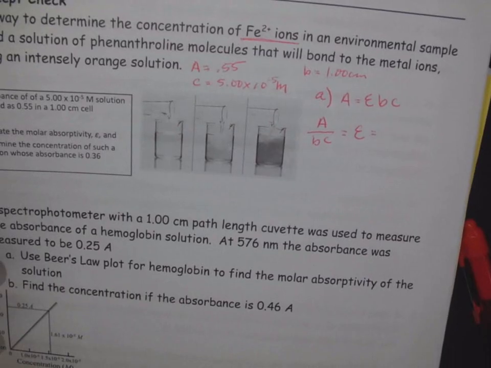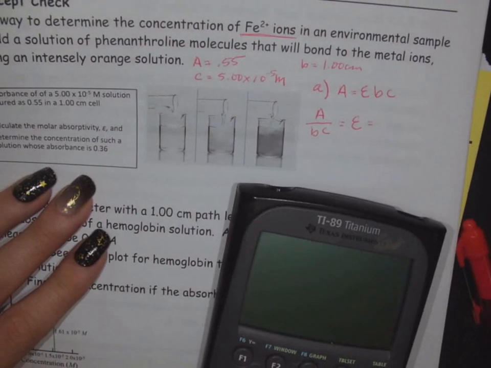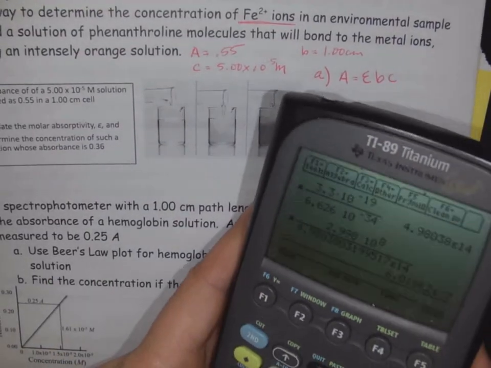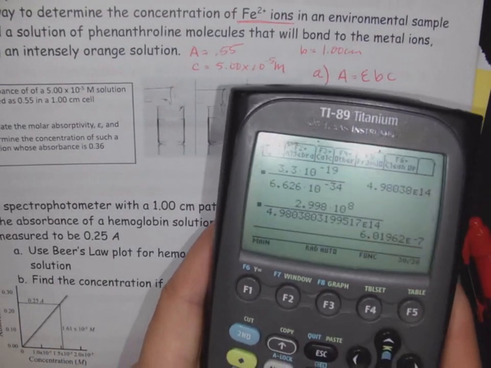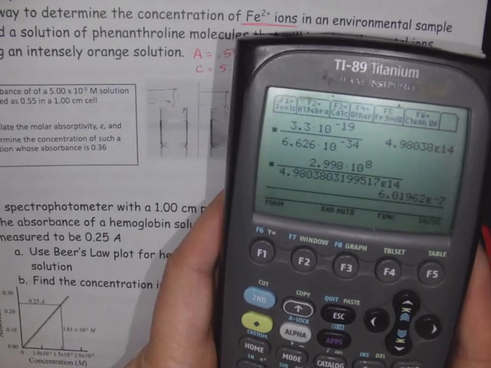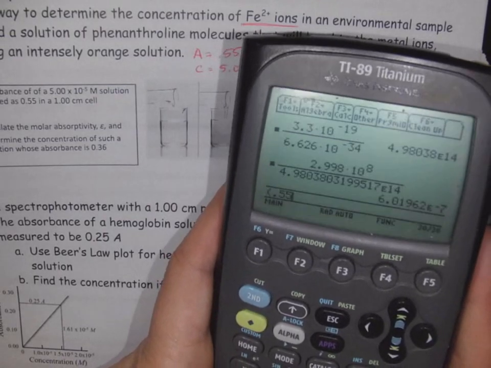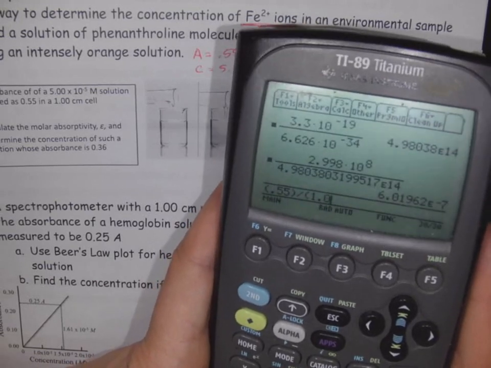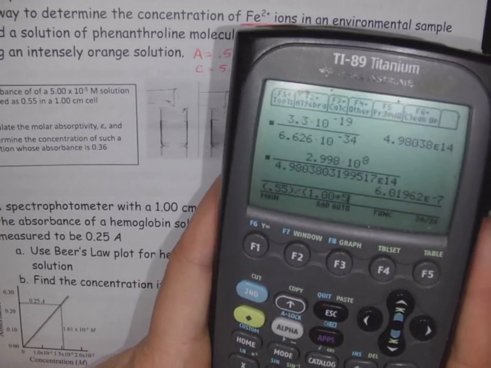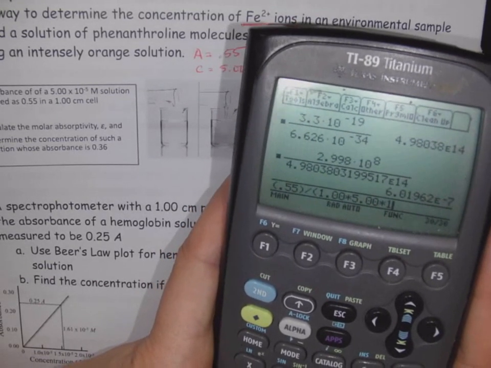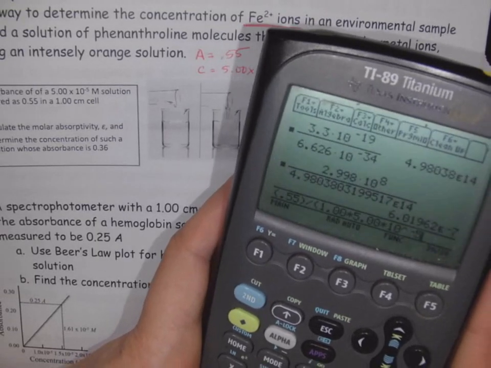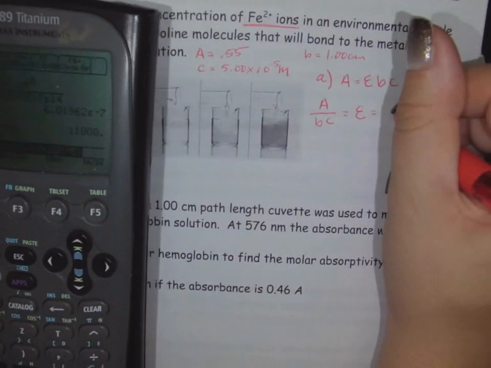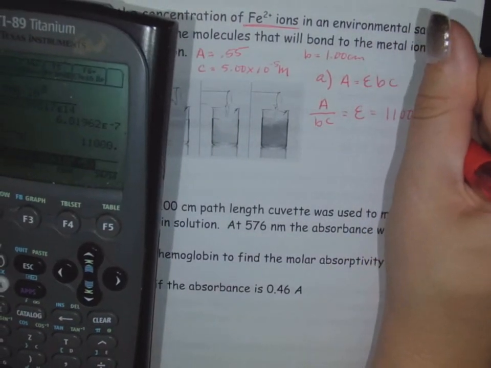Let's plug this in our calculator, being careful to add parentheses, so whatever's on the top of the fraction stays on the top of the fraction. Okay, so 0.55 divided by, in new parentheses, path length 1 centimeter times concentration. Okay, so without sig figs I get 11000.